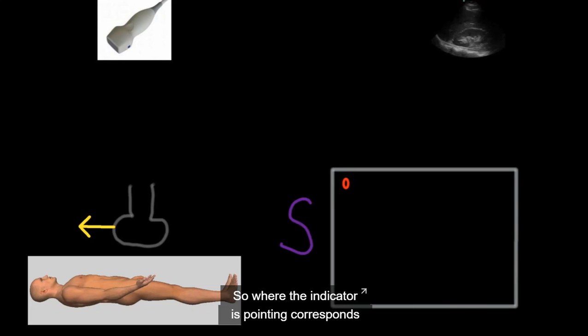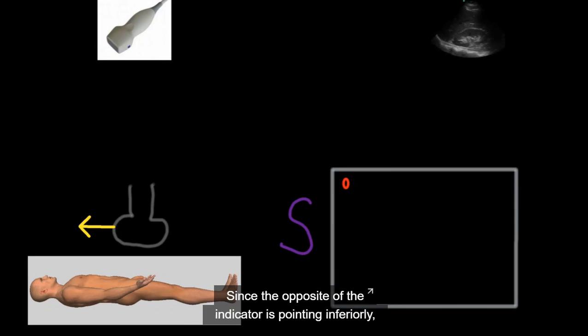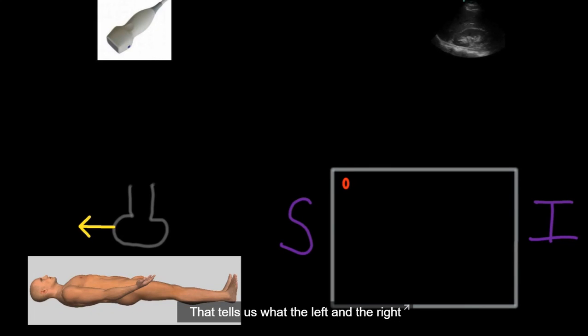So where the indicator is pointing corresponds with the side of the screen that the indicator is on, in this case the left. And since the indicator is pointing superiorly, the left side of the screen is superior. Then the opposite of that is true. Since the opposite of the indicator is pointing inferiorly, then the right side of the screen represents inferior. That tells us what the left and the right of the screen correspond to.